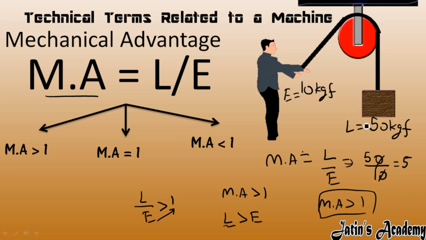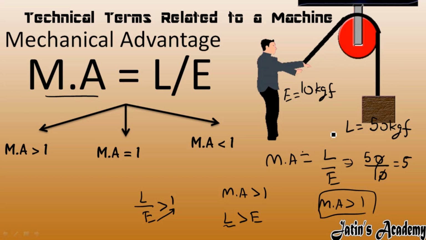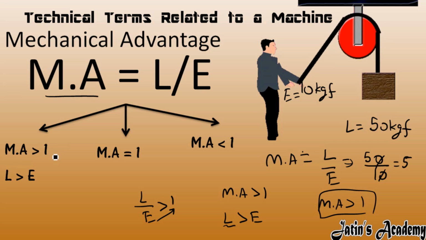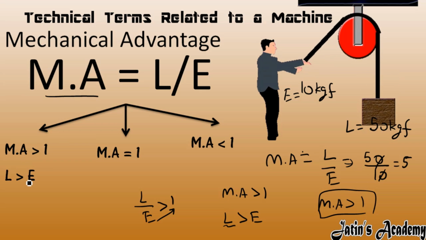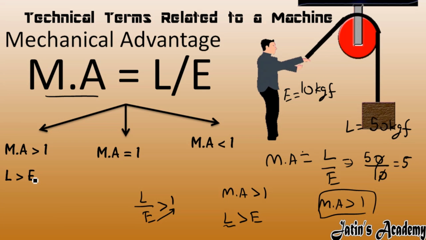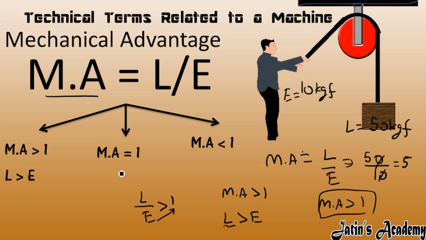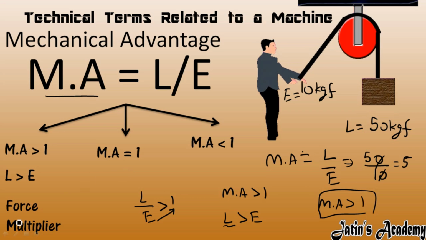So this is an example of a force multiplier. It means that when mechanical advantage is greater than 1, the load we are able to lift is higher than the effort we are applying. So a machine whose mechanical advantage is greater than 1 is called a force multiplier.